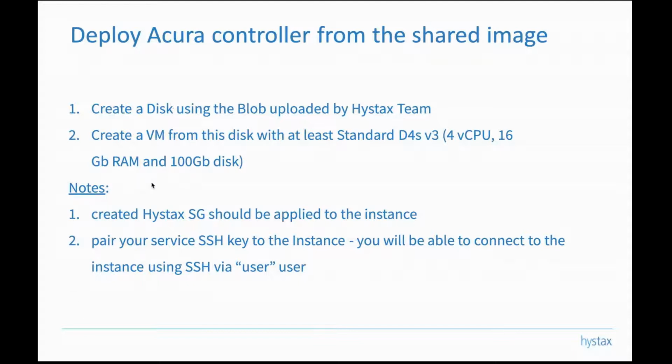Several notes also about the deployment process. The created security group should be applied to the instance. During the deployment process in Azure, there is a way to set some specific standard ports for Acura, but I want to note that to start using Acura, the security group needs to be configured first, because not all the services will be available. For example, the API obviously will not be available without port 443 opened, and so on.